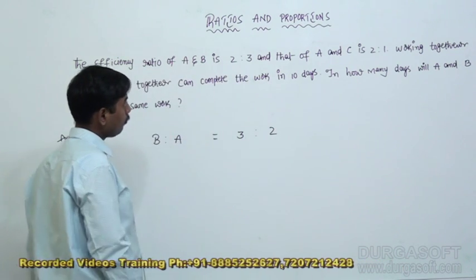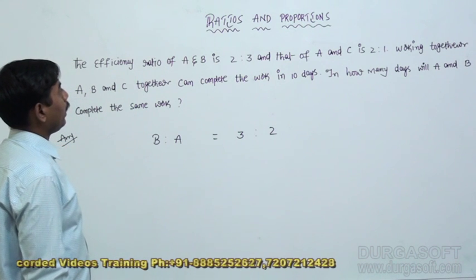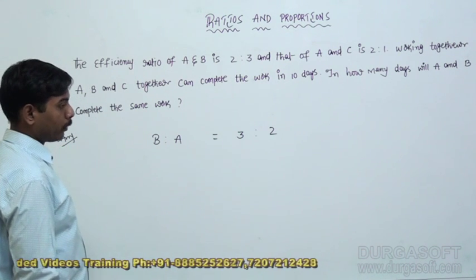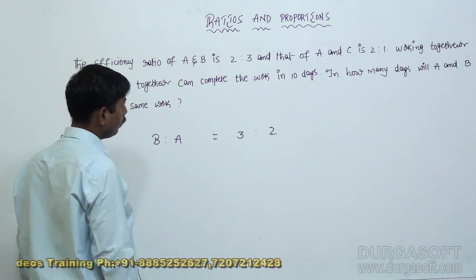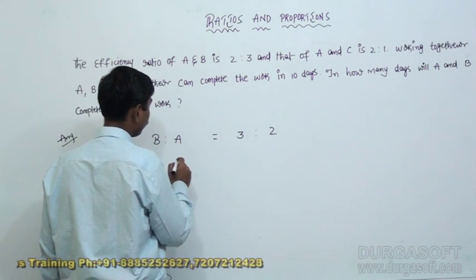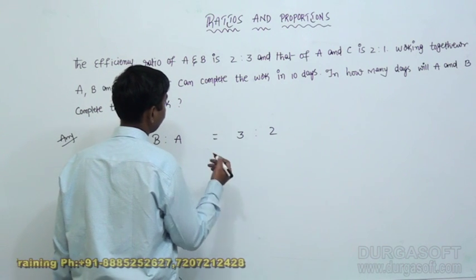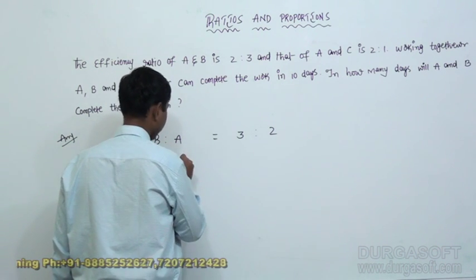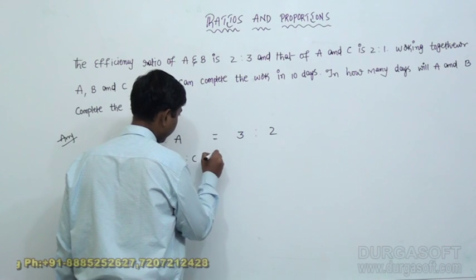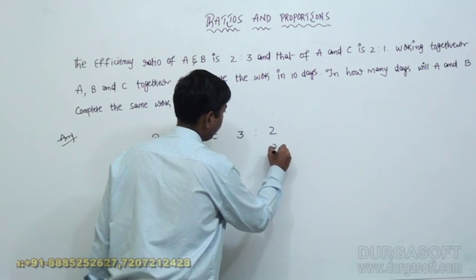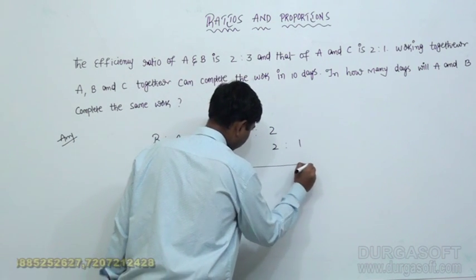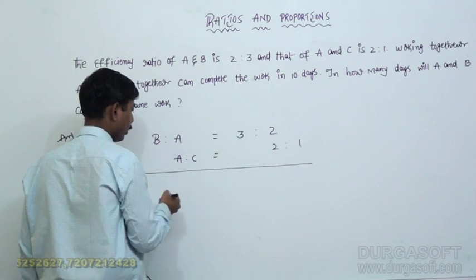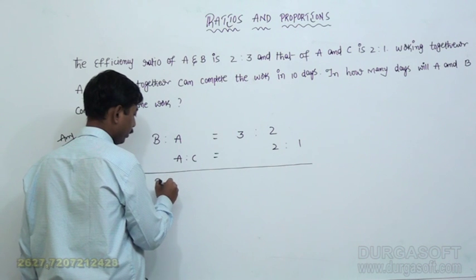And A and C is 2:1, which means C to A should be 1:2, so A is to C is 2:1. Let us go for the BA to C ratios here.